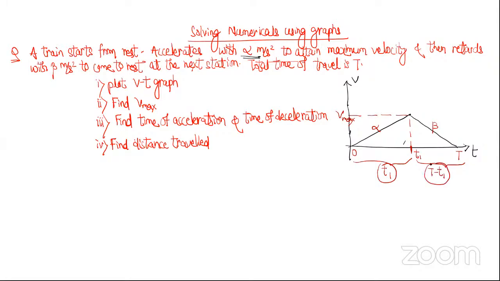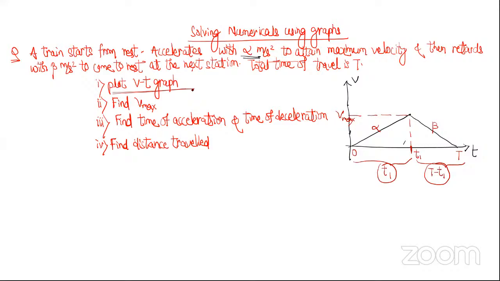So it is accelerating for t1 time and then it is decelerating for capital T minus t1 time. So VT graph हो गया. Did you understand VT graph? If yes, raise your hand. Okay, now the question is find out time of acceleration, find out time of deceleration.